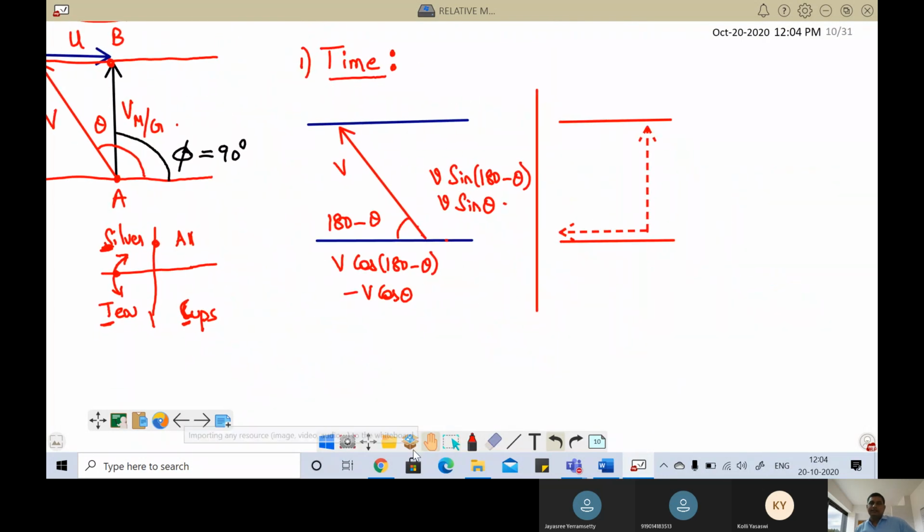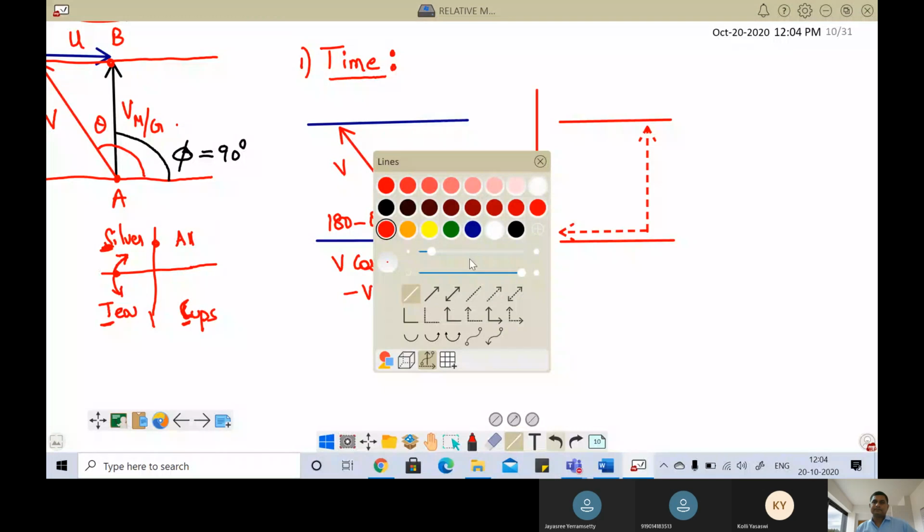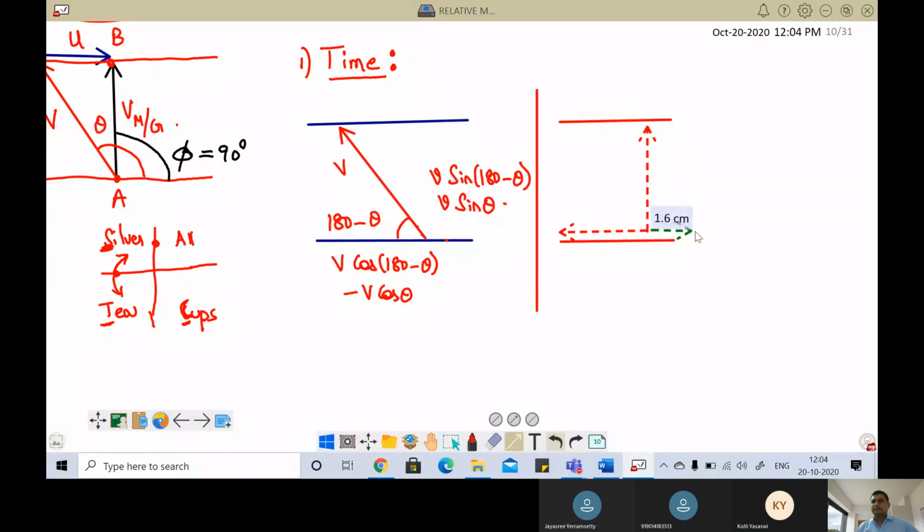Now which side is the river flowing? Right side, sir. So this is the river velocity, which I'll write as u. This is minus v cos theta, and this is v sin theta. Now I draw the net diagram finally.